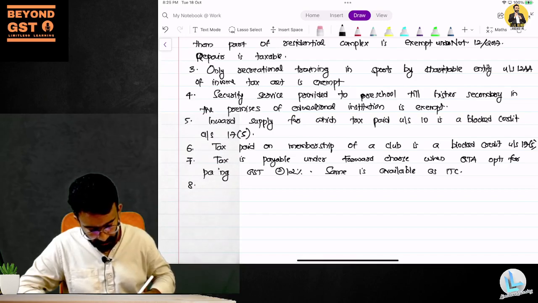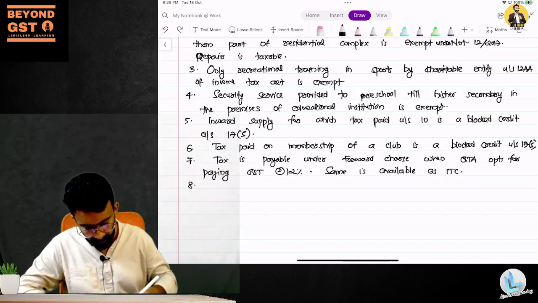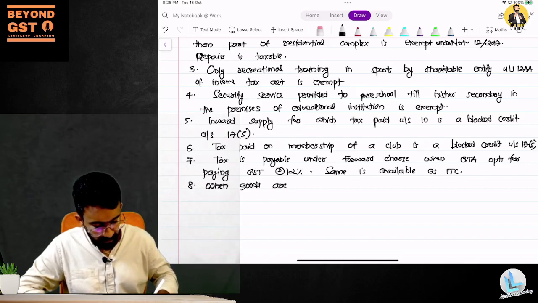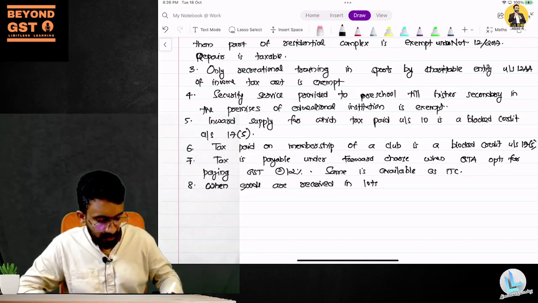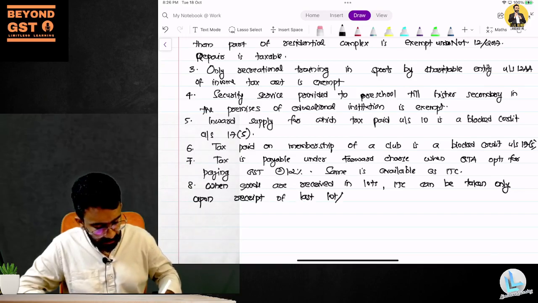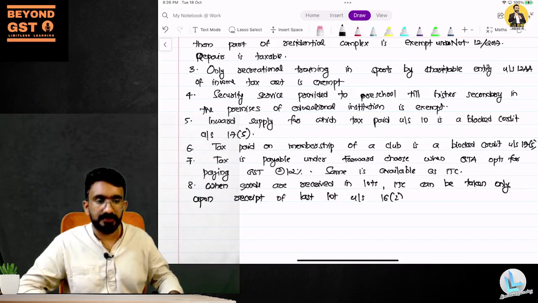When goods are received in lots, credit can be taken only upon receipt of the last lot or installment, under section 16 subsection 2.